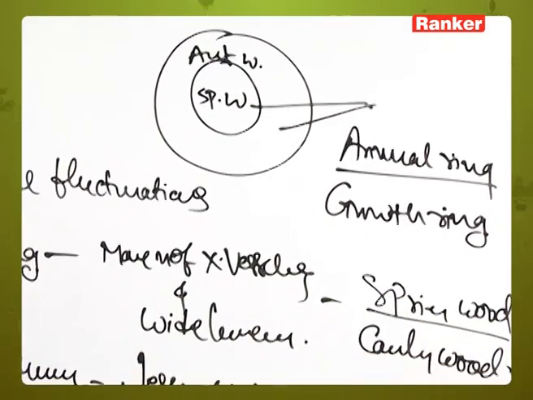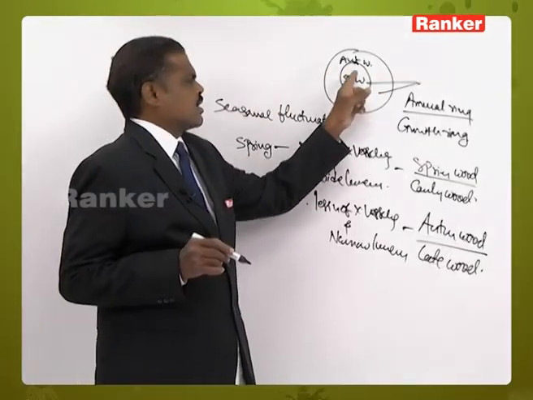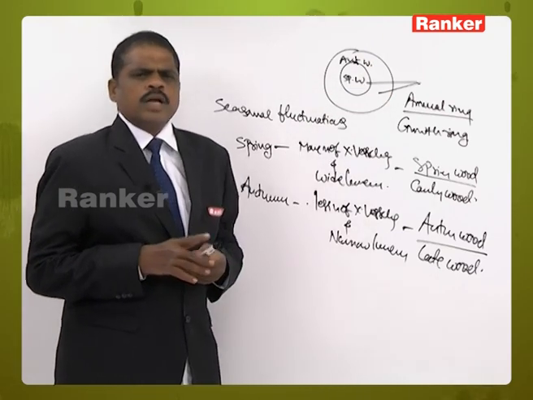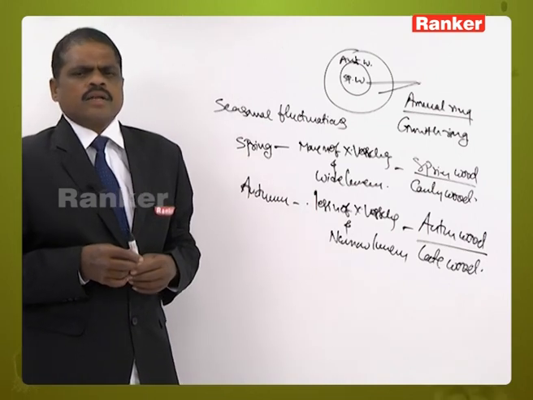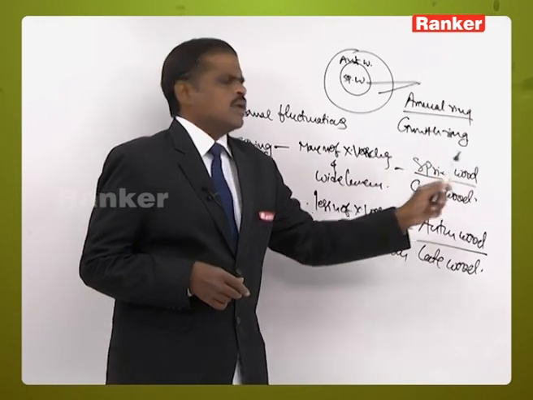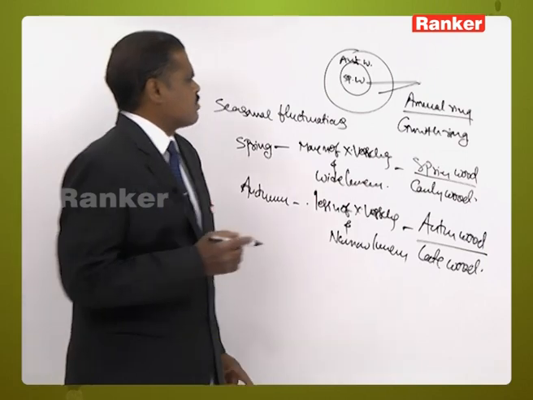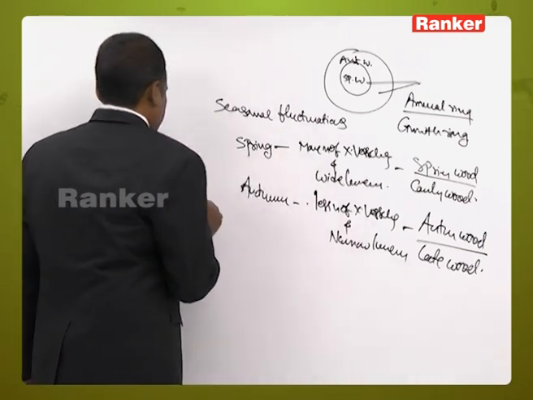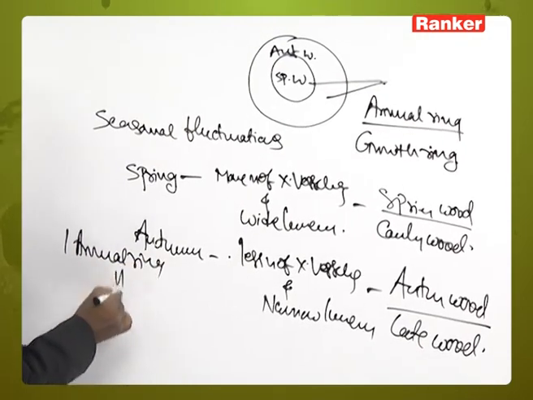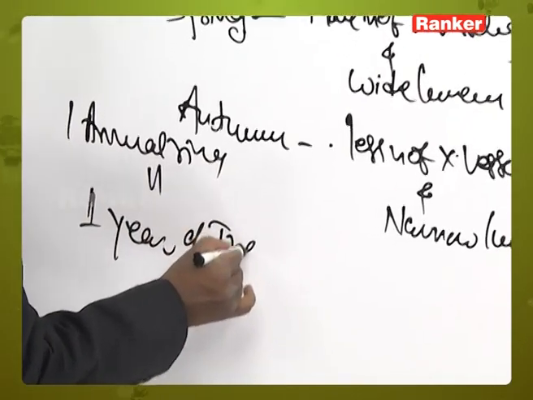Spring wood followed by autumn wood, both present in concentric rings, together called as annual ring. One annual ring is equivalent to 1 year of the tree.